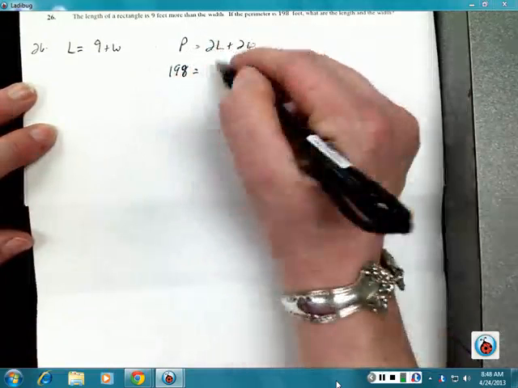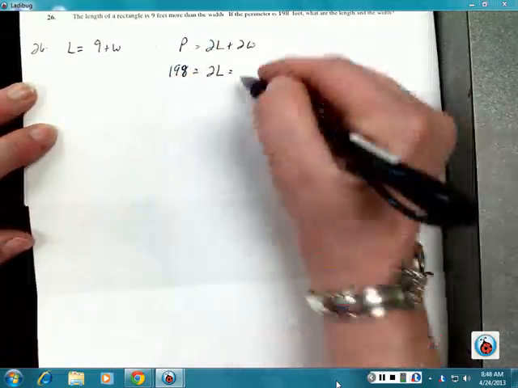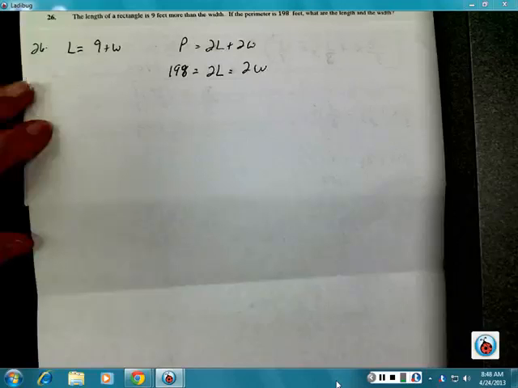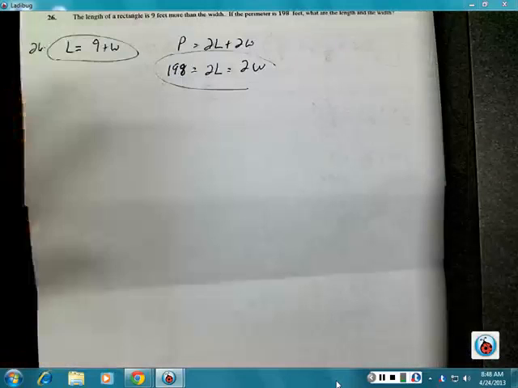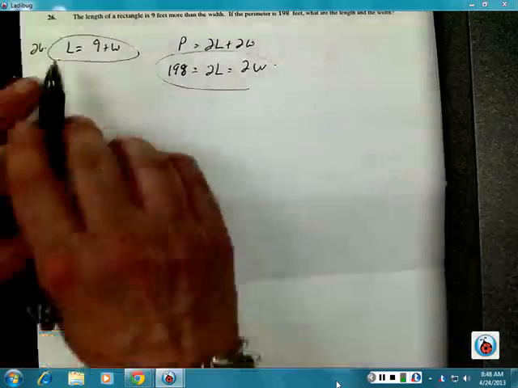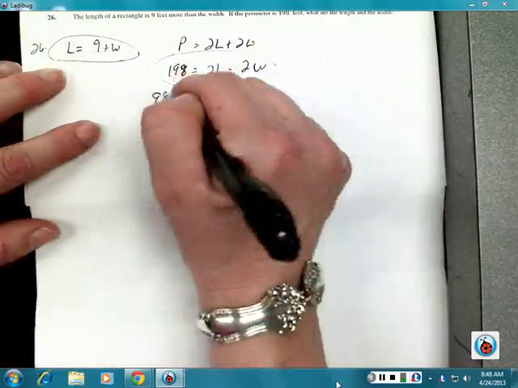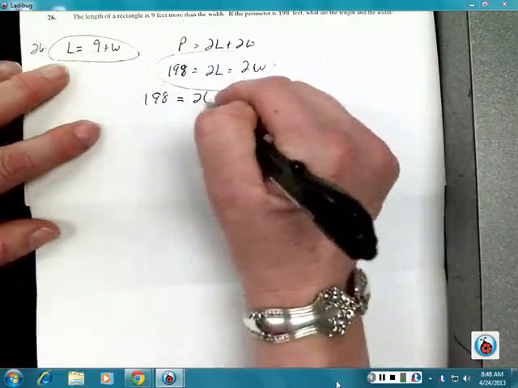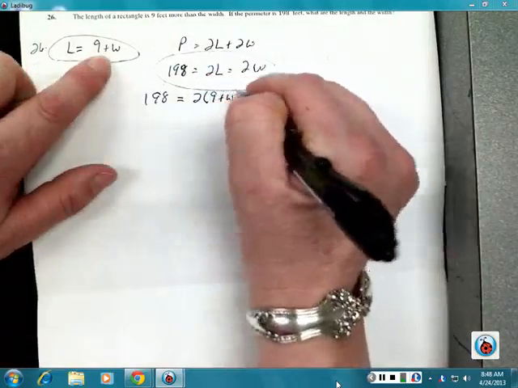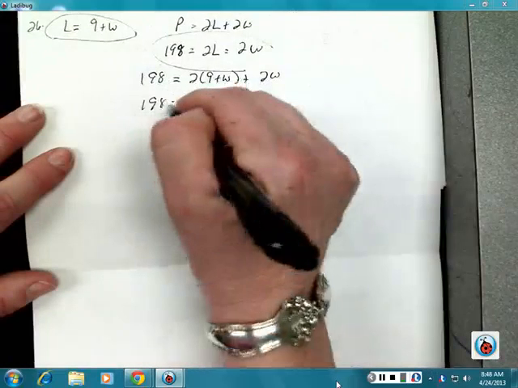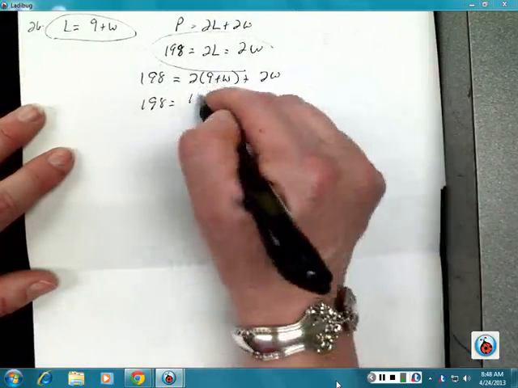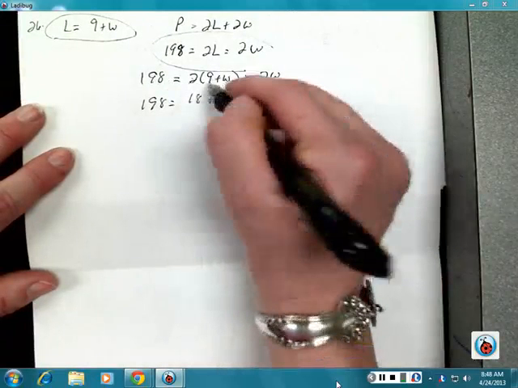We know 2 times L, and we have 2 times W. And so this becomes my second equation, along with my length is equal to 9 plus W. So if I substitute it in, I have 198 is equal to 2 times (9 plus W) plus 2W. 2 times 9 is 18. 2 times W is 2W.